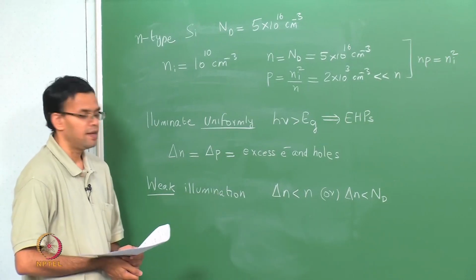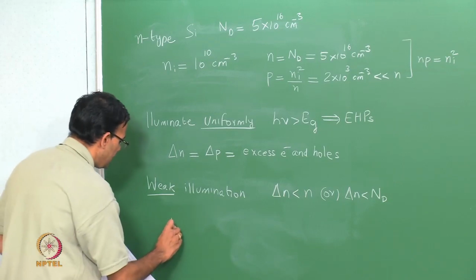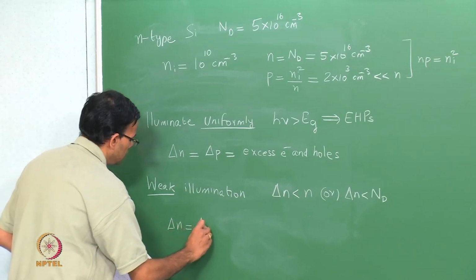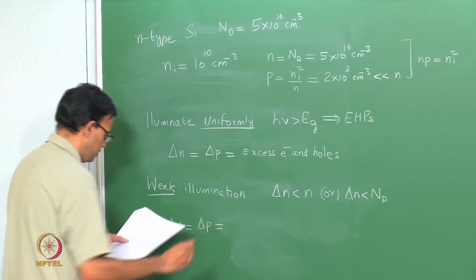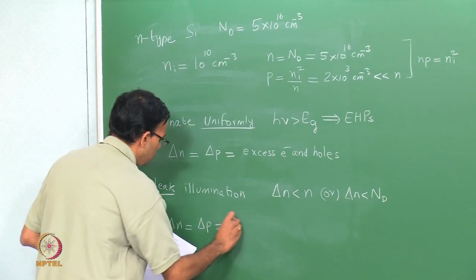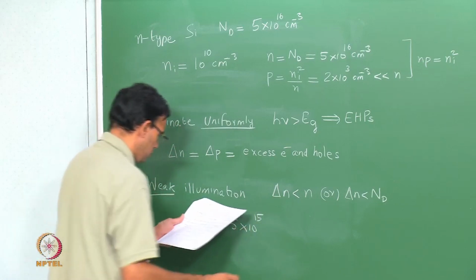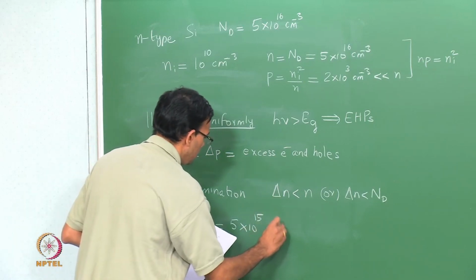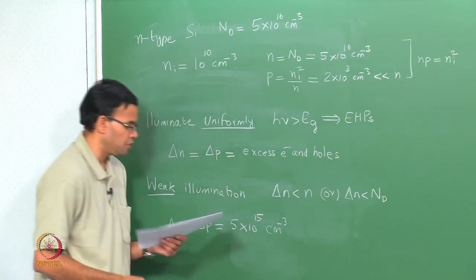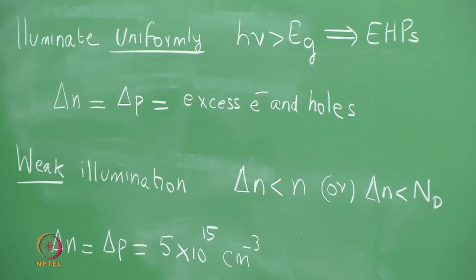So, in this particular example, let us take delta N equal to delta P equal to 5 times 10 to the 15 per centimeter cube. So, these are the excess carriers, and this number is less than Nd.